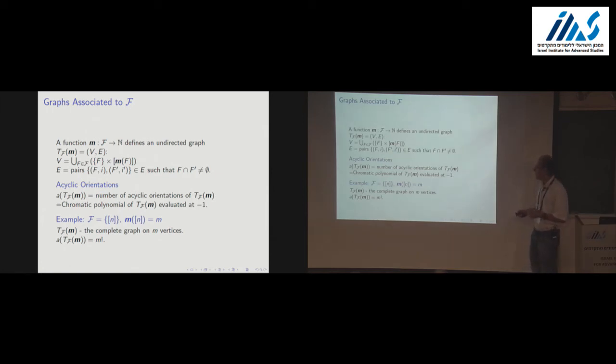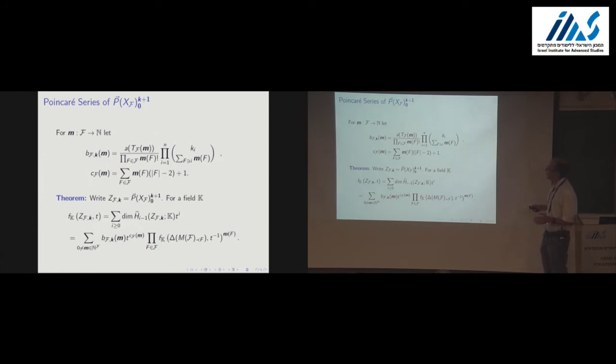And again, if we look at the very simple hypergraph, which consists only of one edge, which is 1 to n, then what we get is the complete graph. T_F of m is the complete graph on m vertices, and the number of acyclic orientations is just m factorial.